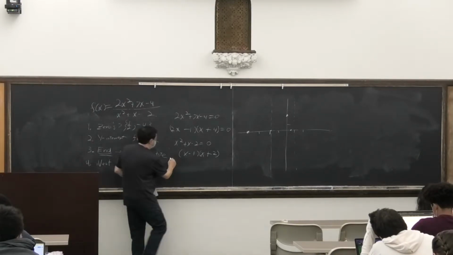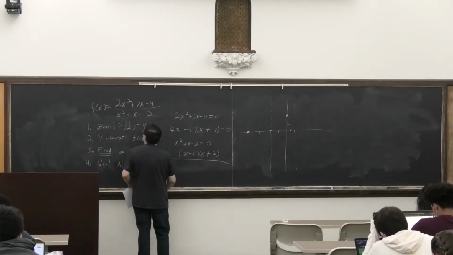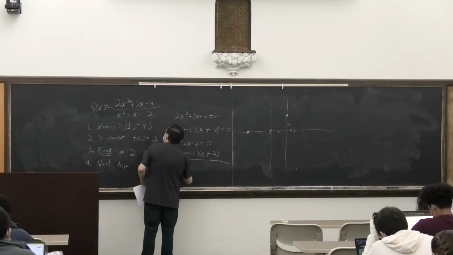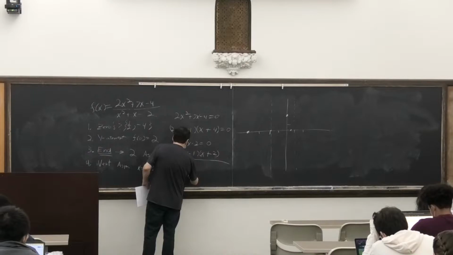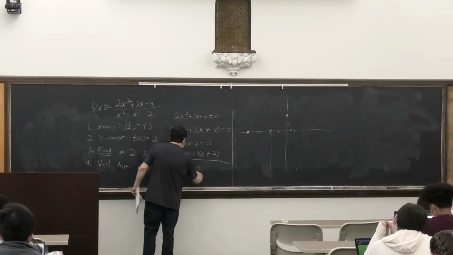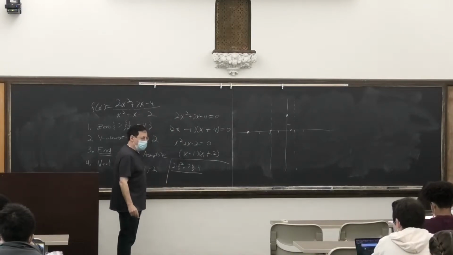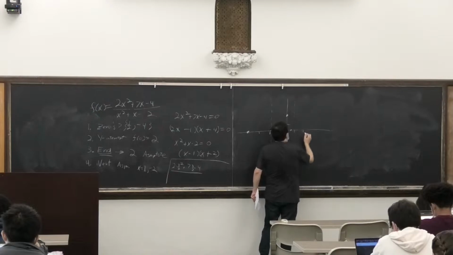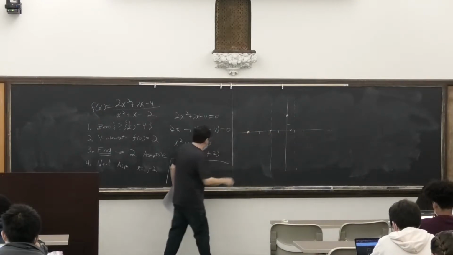It'd be nice to have a calculator handy, but 2 times 3/2 squared plus 7 times 3/2. I'm just trying to get the sign of this, because if I have the sign, it's either going to be going up or down. If it's negative, it's going to be going down.